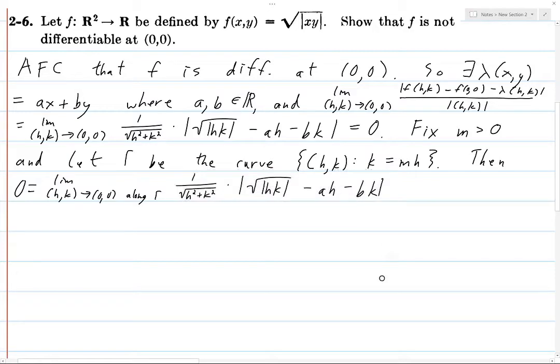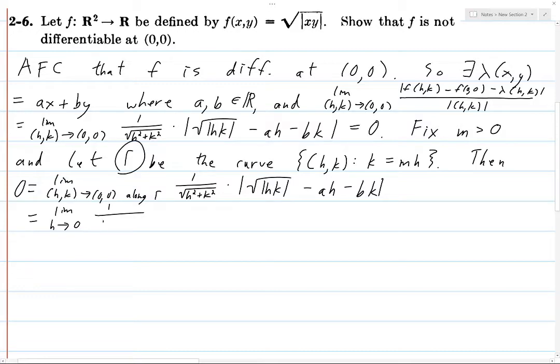Now we can start to replace some things. If (h, k) is approaching (0, 0), then all we need to do is take h to 0, and since k is equal to m times h, as h approaches 0, k also approaches 0. Then we replace all instances of k with m times h, because that's what it means to be on this curve gamma.